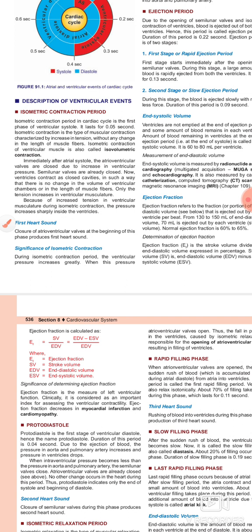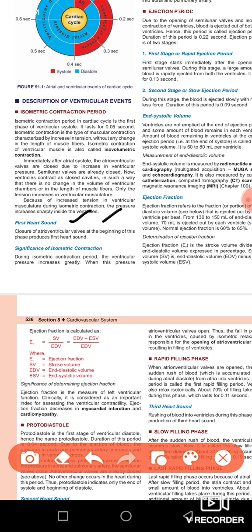But the length and volume remain the same. The first heart sound: the closure of the atrioventricular valves at the beginning of this phase produces the first heart sound. So in this period the first heart sound is also produced.